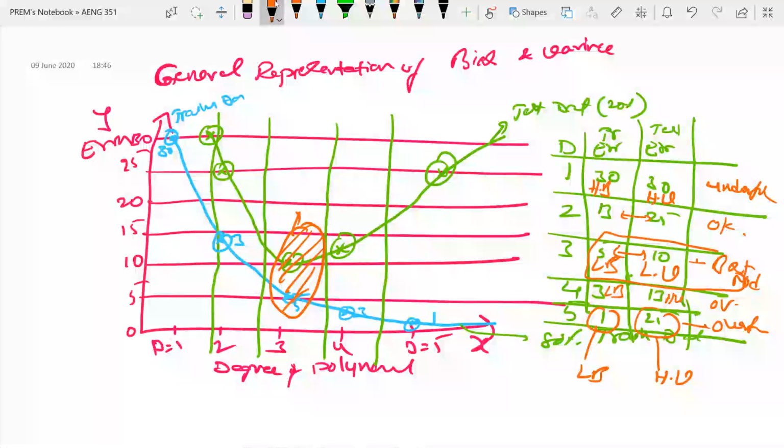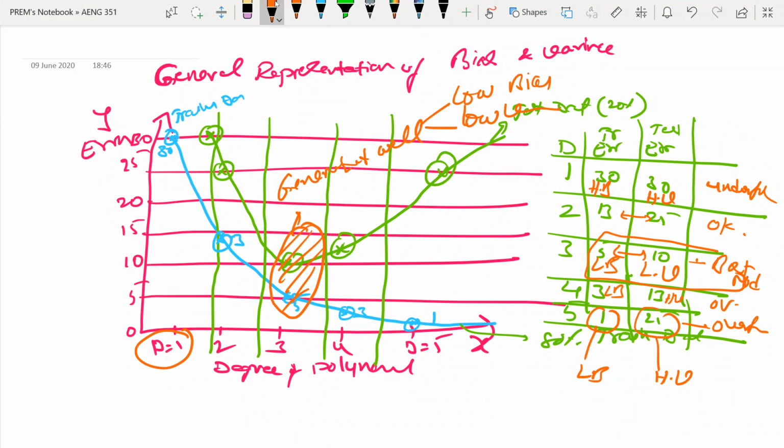This is generalized well, meaning low bias and low variance. So don't be confused, I will repeat again. When degree 1, train dataset and test dataset errors are both high, so this is the region of underfitting.